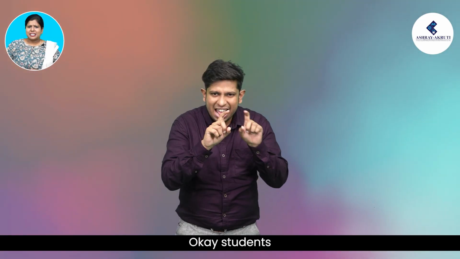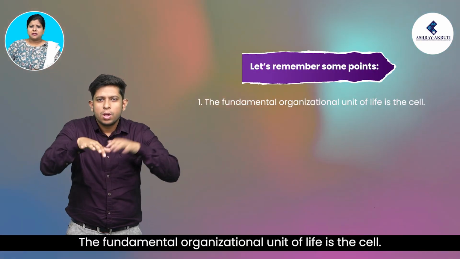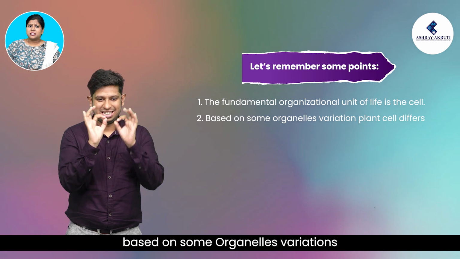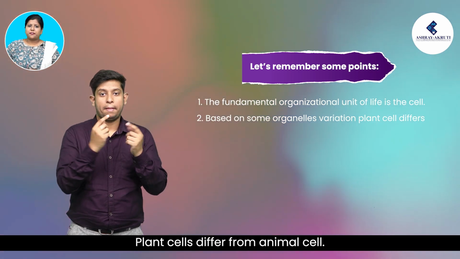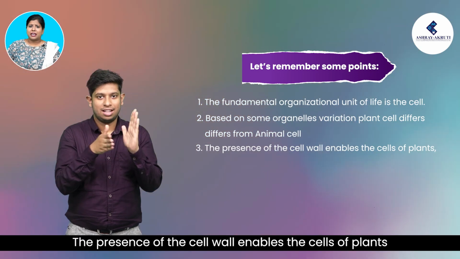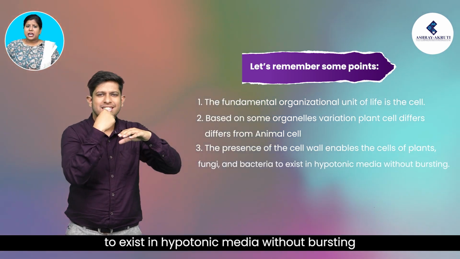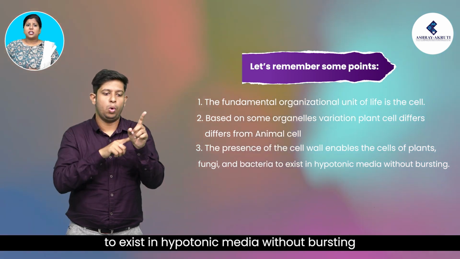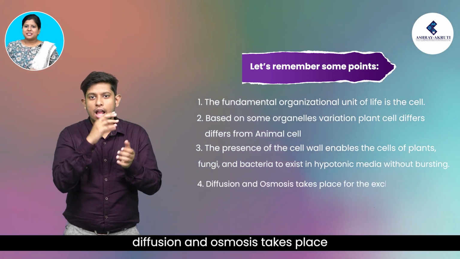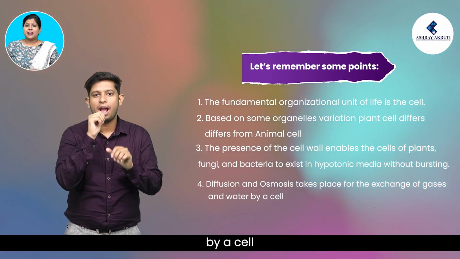Okay students, is it clear? Let's remember some points. The fundamental organizational unit of life is the cell. Based on some organelle variations, plant cells differ from animal cells. The presence of a cell wall enables the cells of plants, fungi and bacteria to exist in hypotonic media without bursting. Diffusion and osmosis take place for the exchange of gases and water by a cell.